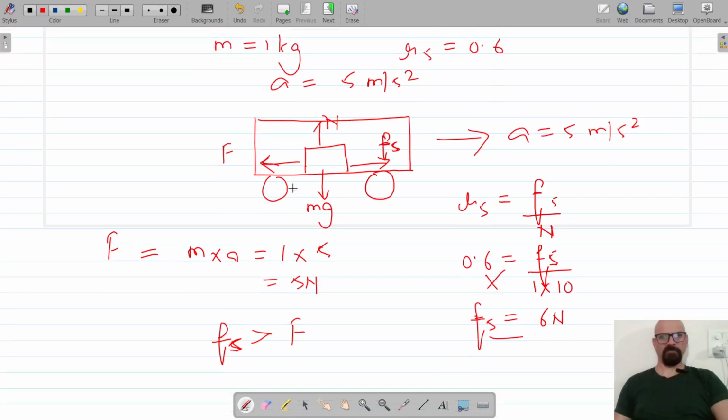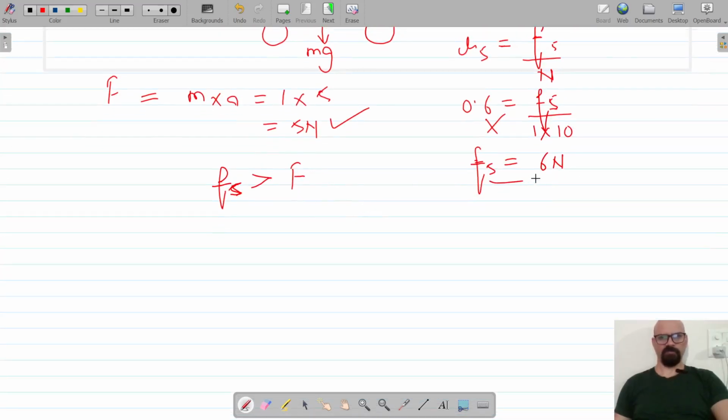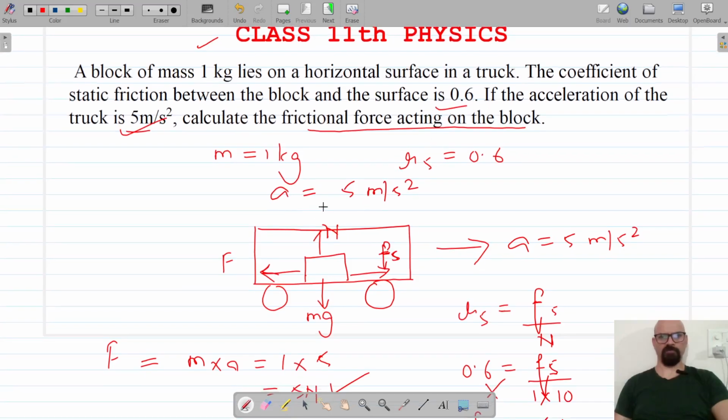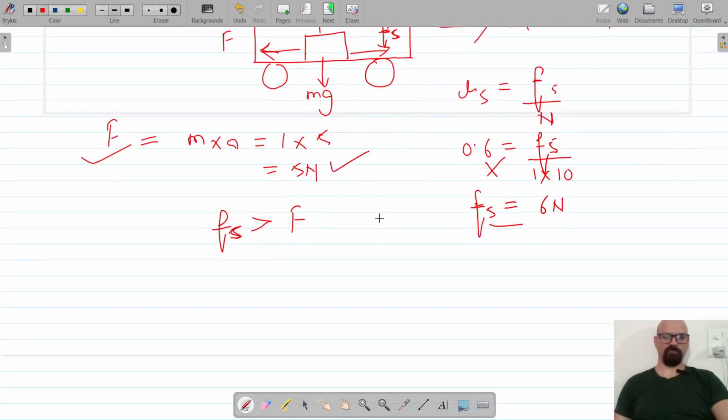So that means that this is our force of friction, because this is greater, and the truck is moving. The acceleration of the truck is 5 meter per second square. Therefore, the friction force acting on the block will be equal to the pseudo force.